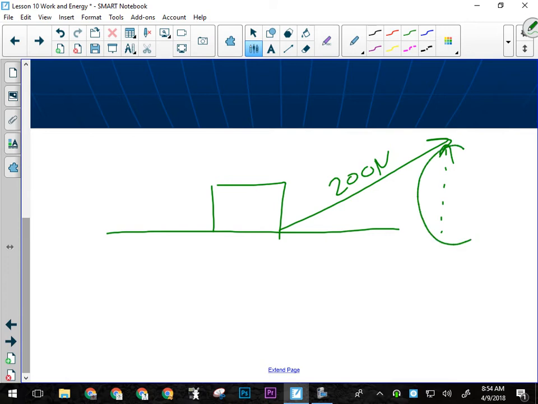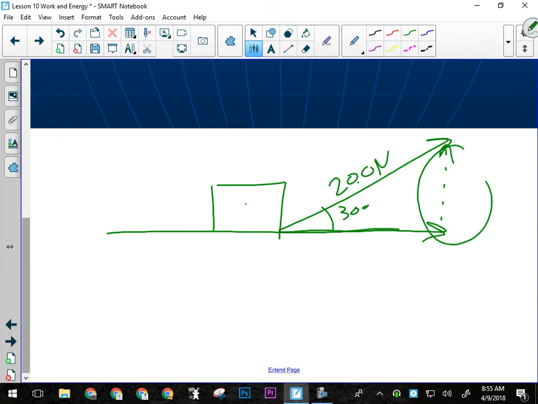So that component isn't doing any work, but this component of the 200 newtons is doing some work. If this angle was, let's say, 30 degrees, then this side of the triangle would represent the force that changes the energy of this object, because its change in velocity is horizontal.